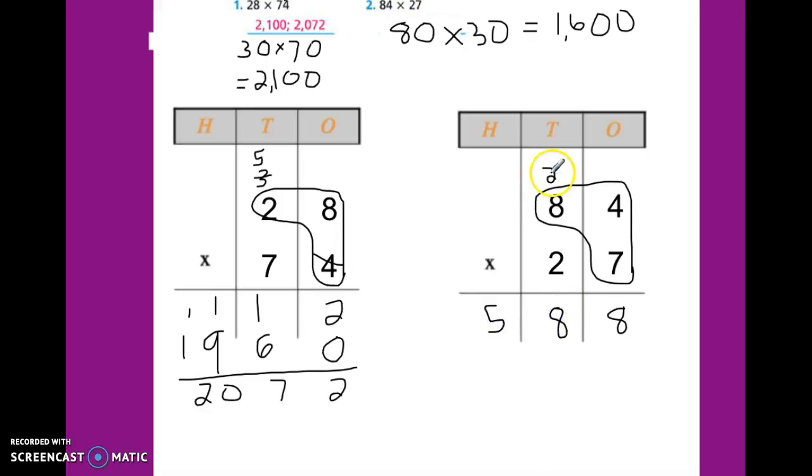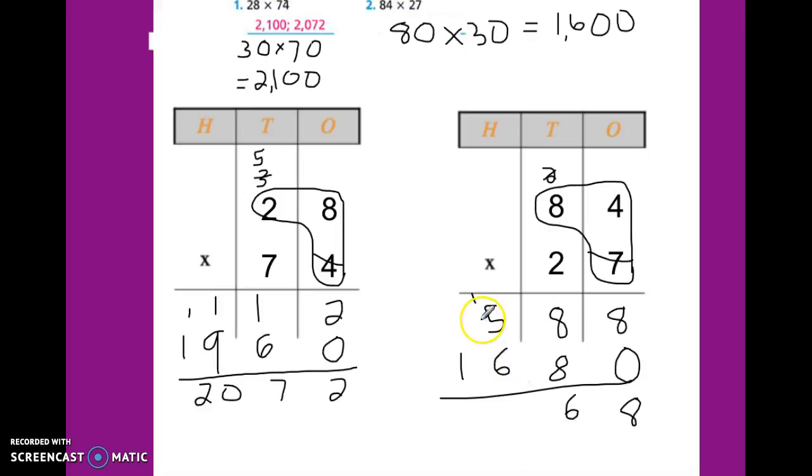And then I'm going to cross off what I carried. I'm going to add my collar and lay an egg, or add my 0 down here. 2 times 4 is 8. And 2 times 8 is 16. And I go ahead and add all that up. We get 8, 16, 6, carry the 1.